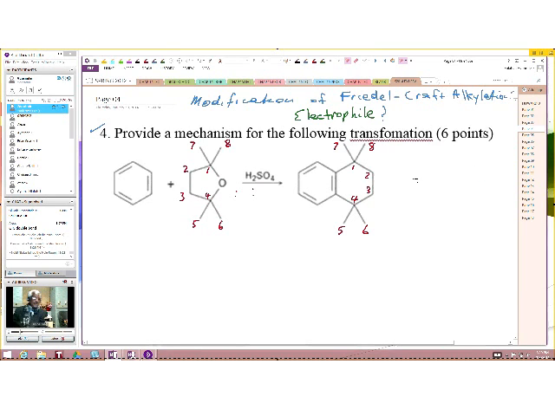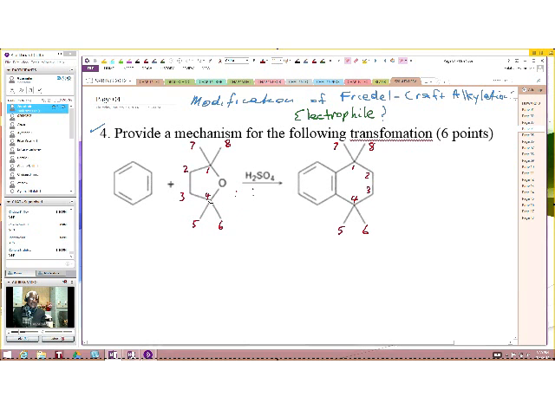Let me ask you, maybe I should ask you a simple question. Since we are going to join this carbon here to this here, do you expect us to form a carbocation on carbon number 1? Yes or no? Just give me yes or no. Yes, very good, excellent.